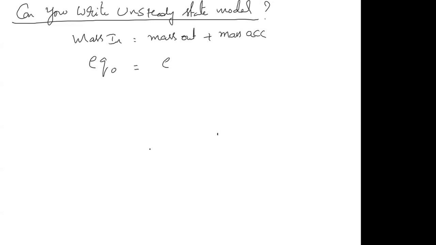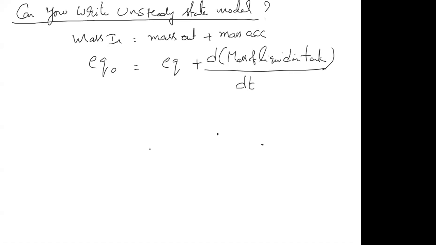Mass out is rho Q, plus mass accumulation, which is the mass of liquid in the tank divided by dt. How do you write the mass of liquid in the tank? What is the volume of liquid? Cross-sectional area into h, multiplied by density, divided by dt.